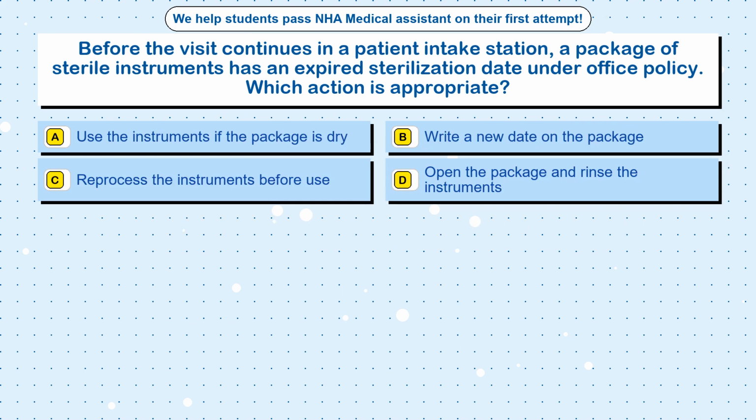Question 87. Before the visit continues in a patient intake station, a package of sterile instruments has an expired sterilization date under office policy. Which action is appropriate? Option A. Use the instruments if the package is dry. Option B. Write a new date on the package. Option C. Reprocess the instruments before use. Option D. Open the package and rinse the instruments.